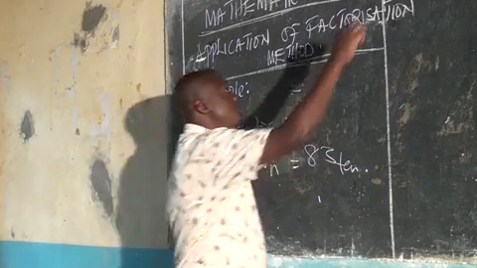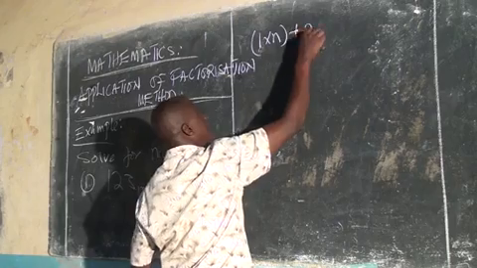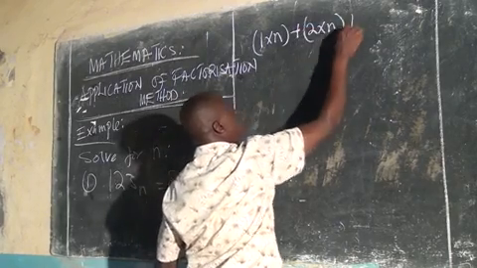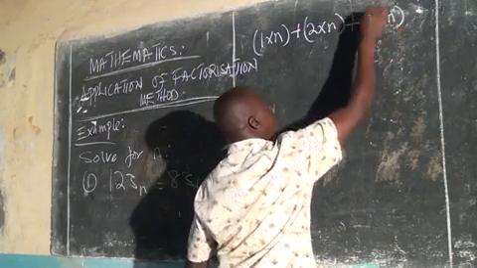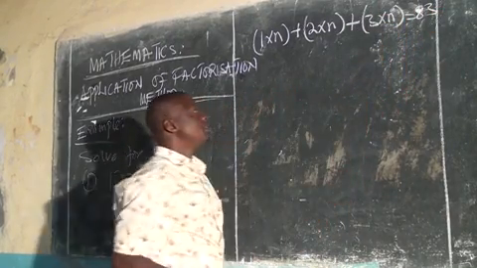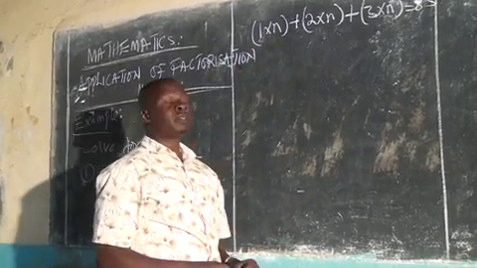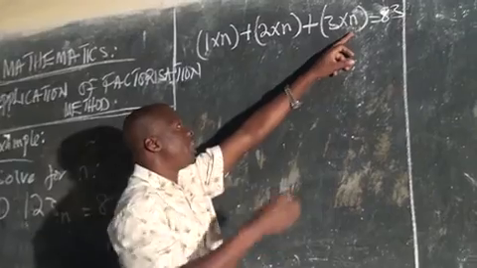Let us expand. We have 1 times n plus 2 times n plus 3 times n, which is equivalent to 83. We shall give powers here. Remember, when we are giving powers, the power should be on n.